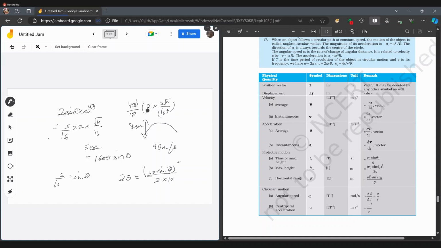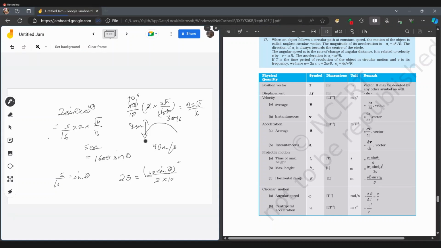Then we'll be having 10 over here if we make this 32. Okay. So it is 5, it is 16 అవుతుంది. We'll be getting 25 √11 divided by 60. Okay.